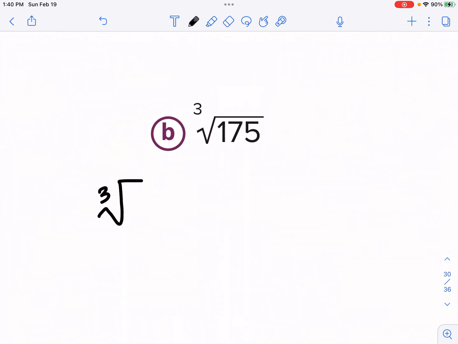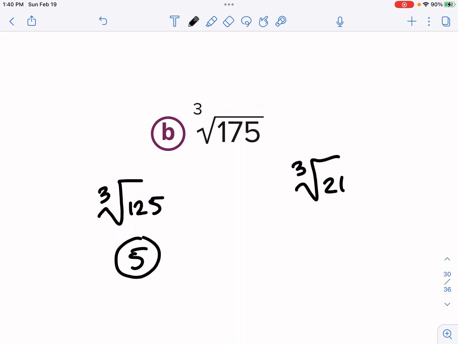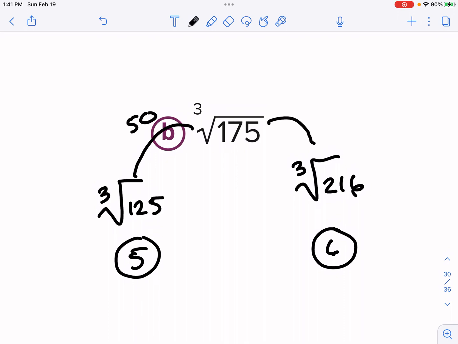Cube root of 125, which we know is 5. Cube root of 216, which is 6. So it's in between 5 and 6, but what is it closer to? These two numbers are 50 away. 25 plus 16 is 41 away. So it's only 41 away from this, so this is closer to 6.